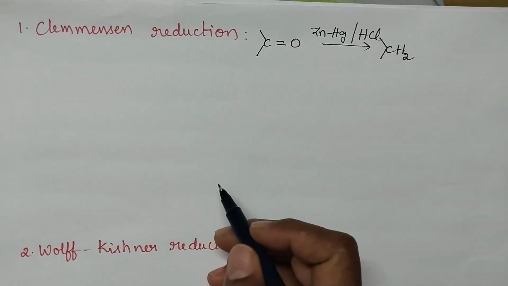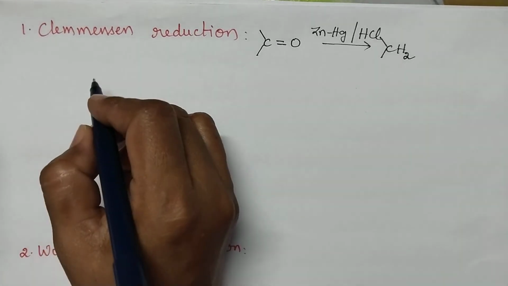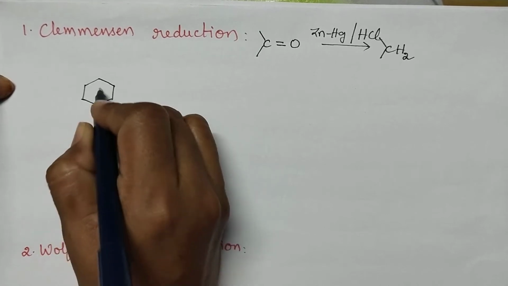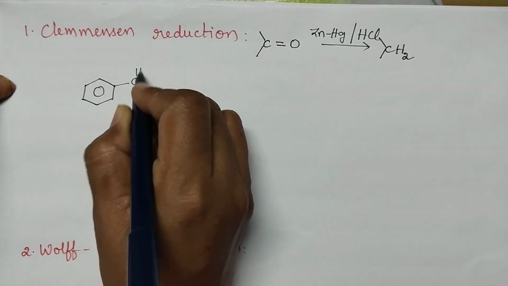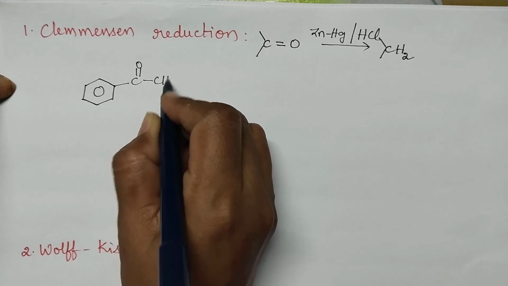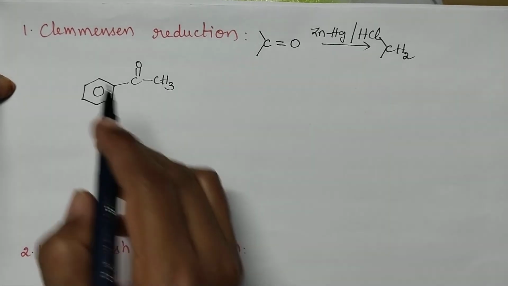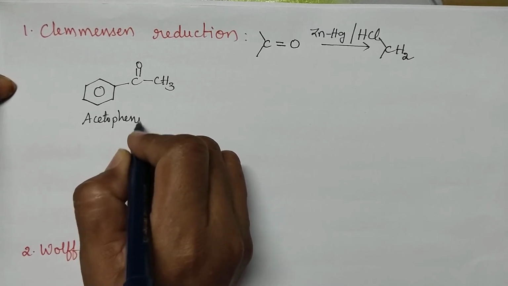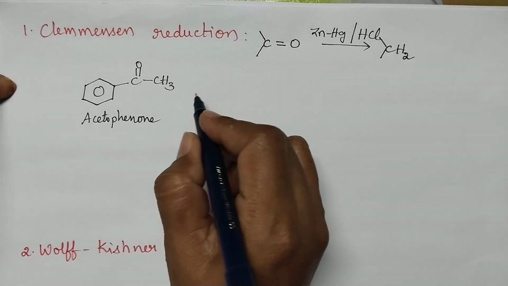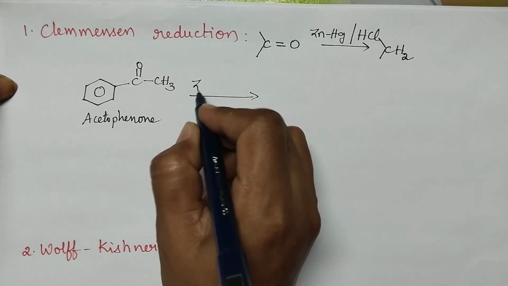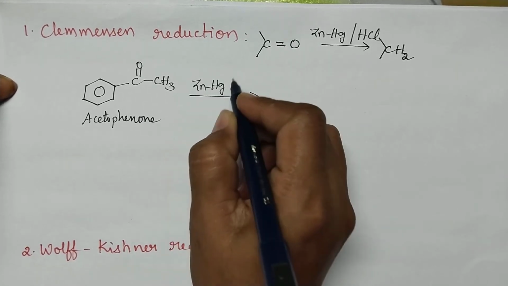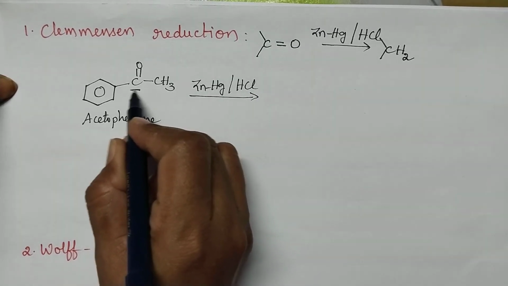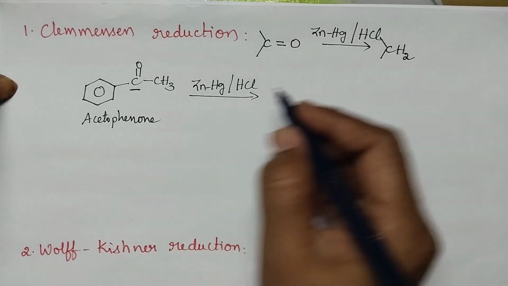Let us see few examples. So let us consider acetophenone. Whenever acetophenone is treated with amalgamated zinc in the presence of HCl, what happens? This carbonyl group will be converted into methylene group.